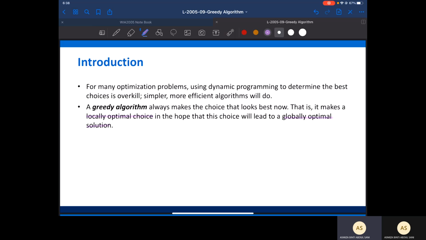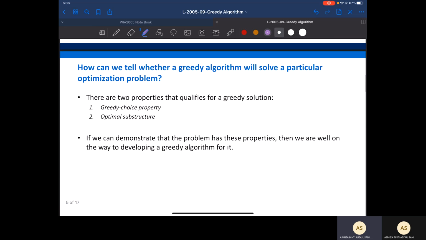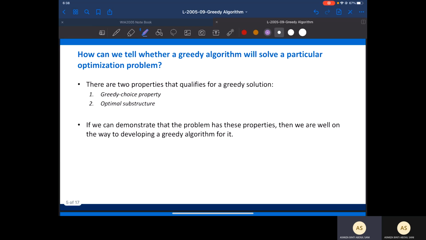But usually it does not give you the most optimal solution. You probably need to use dynamic programming in order to get the best optimal solution. But sometimes you may want to just use a simpler algorithm in order for you to solve the problem, and then you can apply the greedy algorithm.